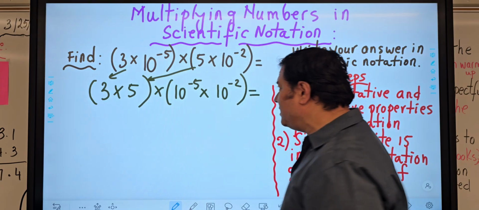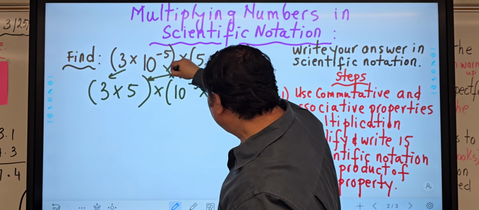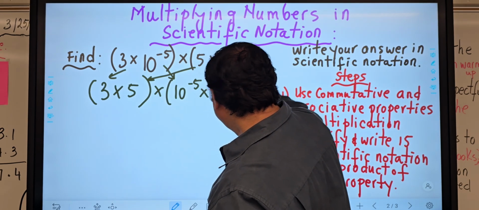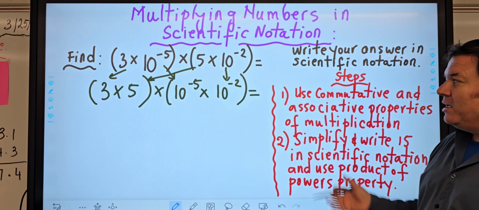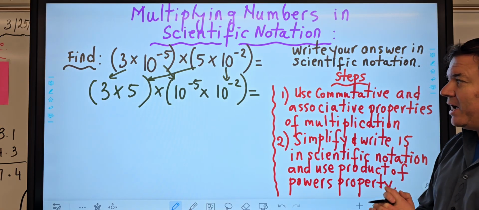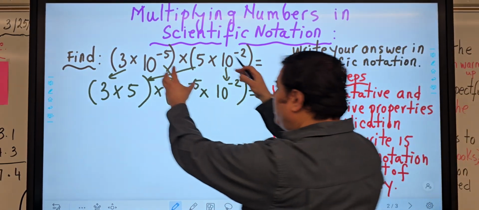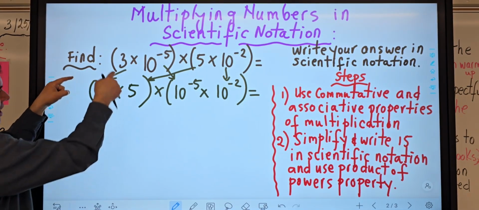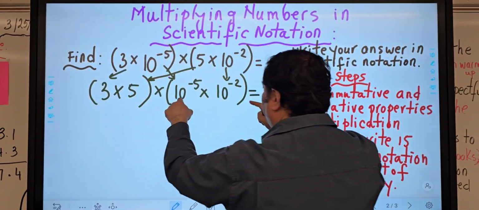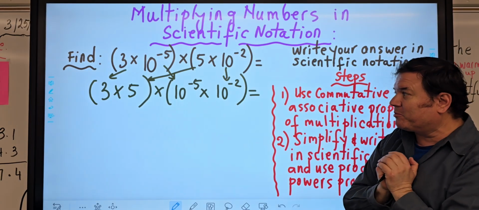And here we use the commutative property and the associative property of multiplication. Okay? So first of all, we rearranged 3 times 5 by the commutative property, and then rearranged 10 to the negative 5 and 10 to the negative 2 in another parenthesis.